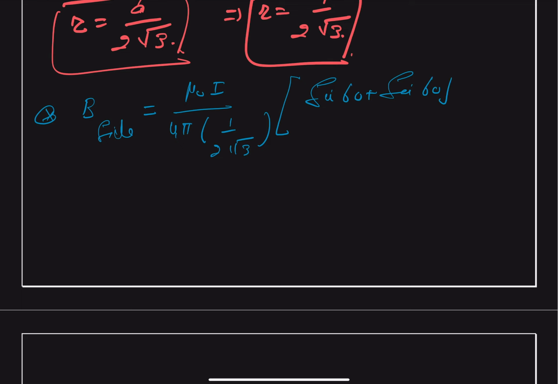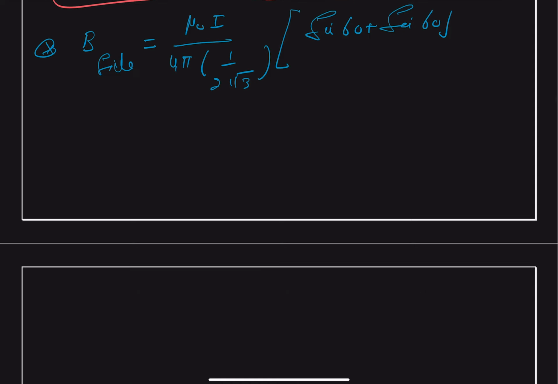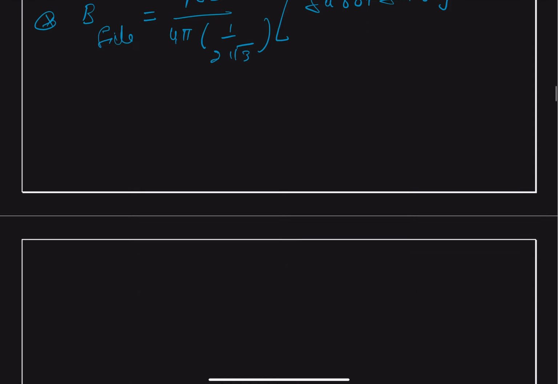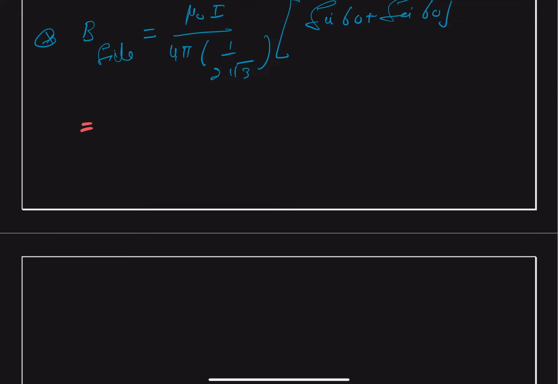Sine 60 is square root of 3 by 2. So we can write this as 4 pi 10 to the power minus 7. Current is given as 10 ampere.